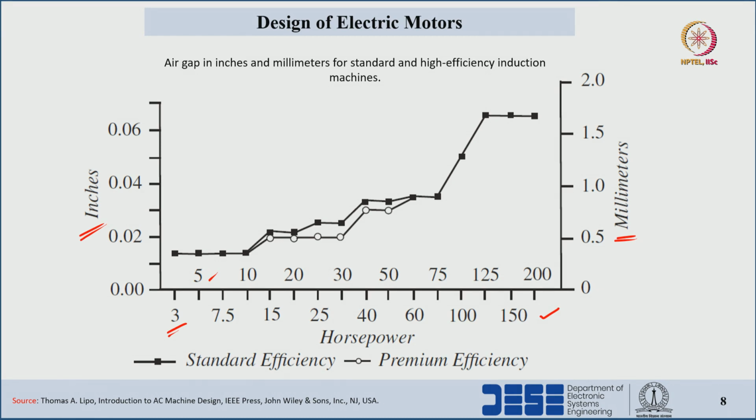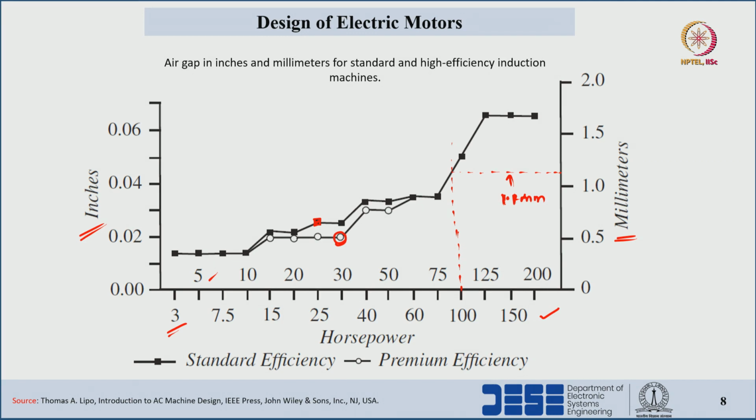The square blocks represent the standard efficiency, and the circular blocks represent the premium efficiency. For example, for a 100 HP machine, the air gap length will be 1.1 mm from this waveform.